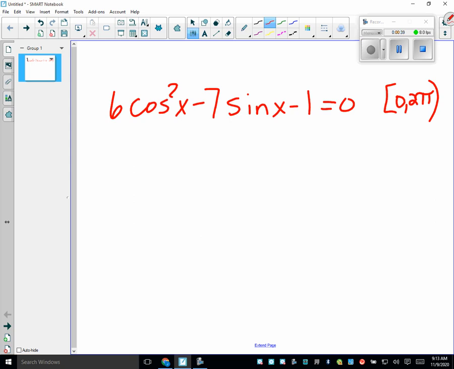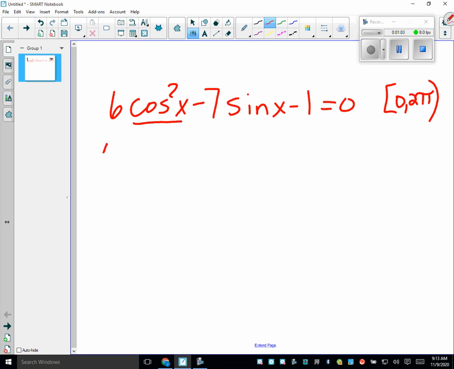I cannot do anything with this because I have some cosine and some sine. So is there a way that I can change everything to sine or everything to cosine? Yes. I can change cosine squared to 1 minus sine squared x.